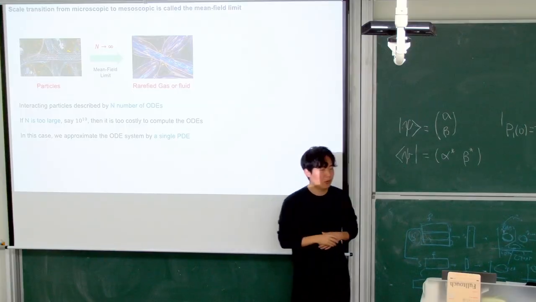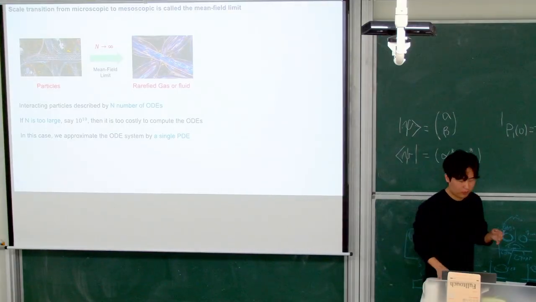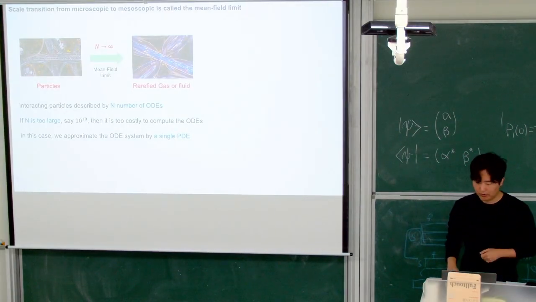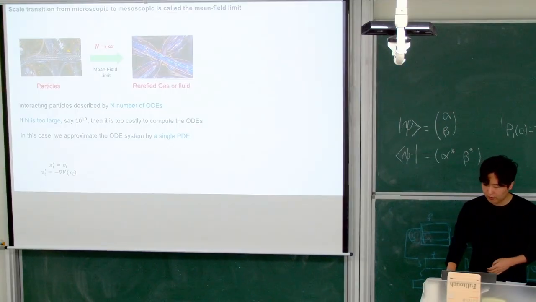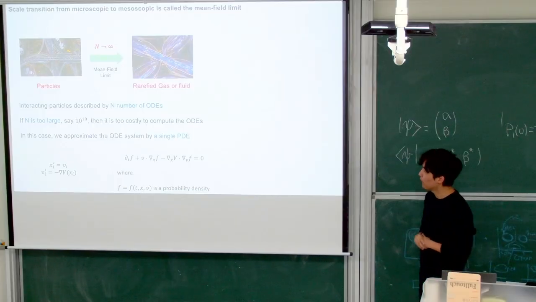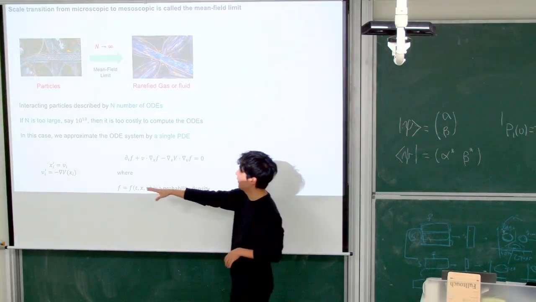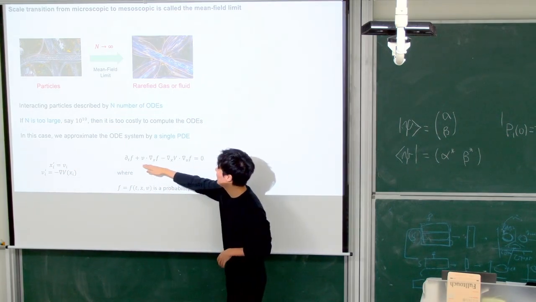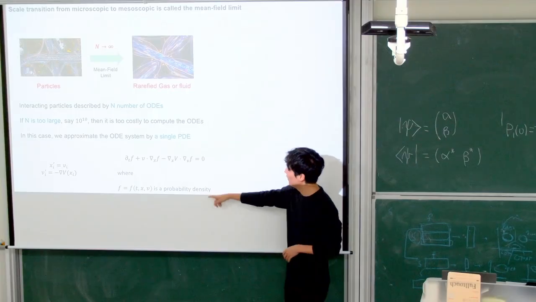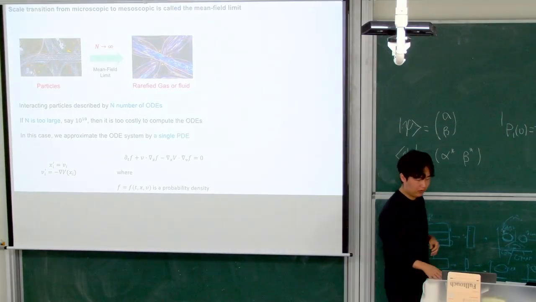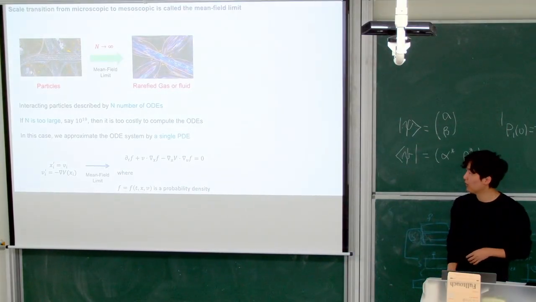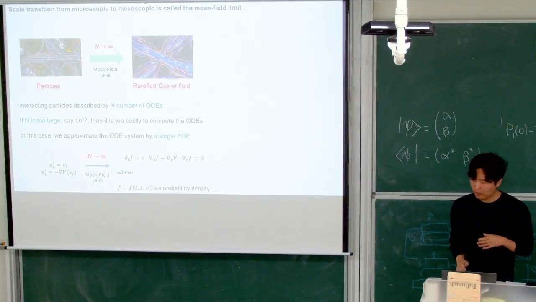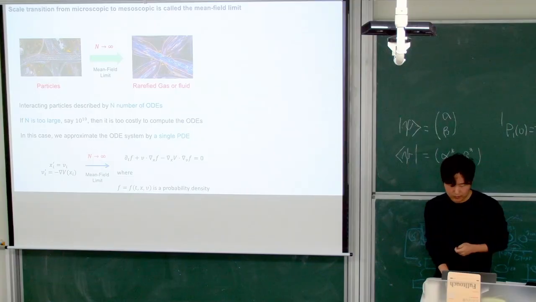So it is often more effective to have some approximation. And in this case, as I just introduced, this kind of interacting ODE can be described by a single PDE like this, where f is a probability density. And this is the mean field limit, done by n goes to infinity.